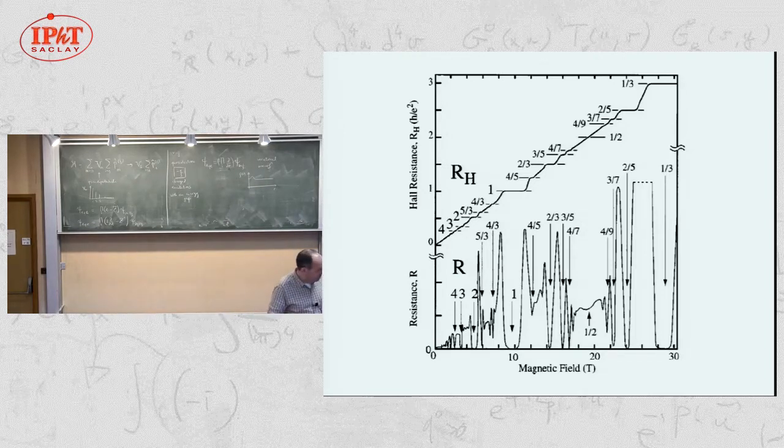Okay, so let's see. It's located in Z, that's why we put Z star. So we have a candidate state and a candidate excited states to describe the physics at 1/3.